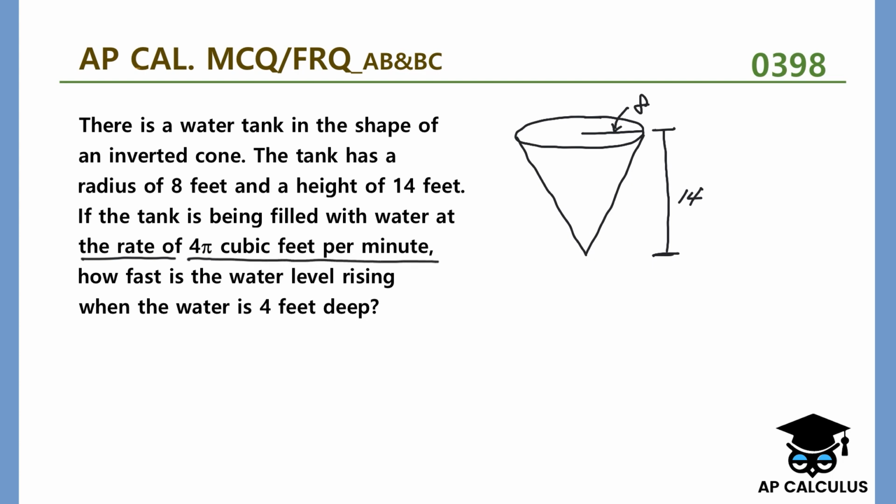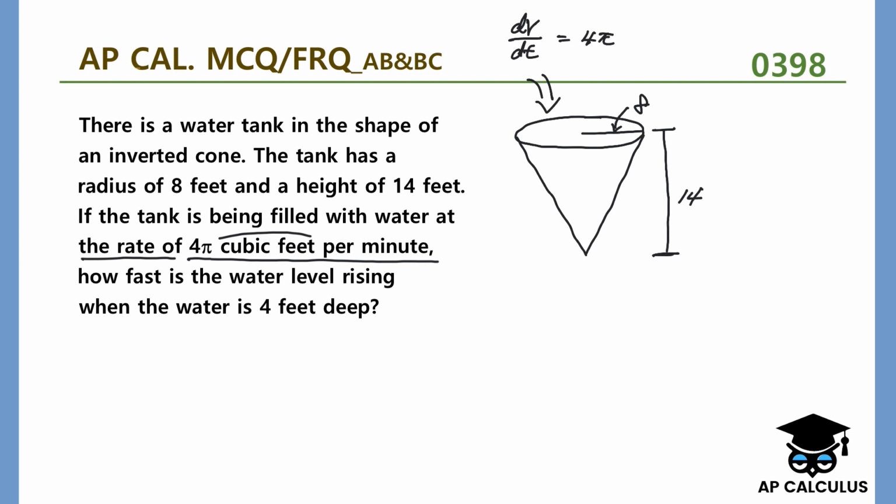Cubic feet must be volume, so the change in volume with respect to time t is 4 pi. Water is coming into this tank, and dV over dt is given. That's 4 pi cubic feet per minute.